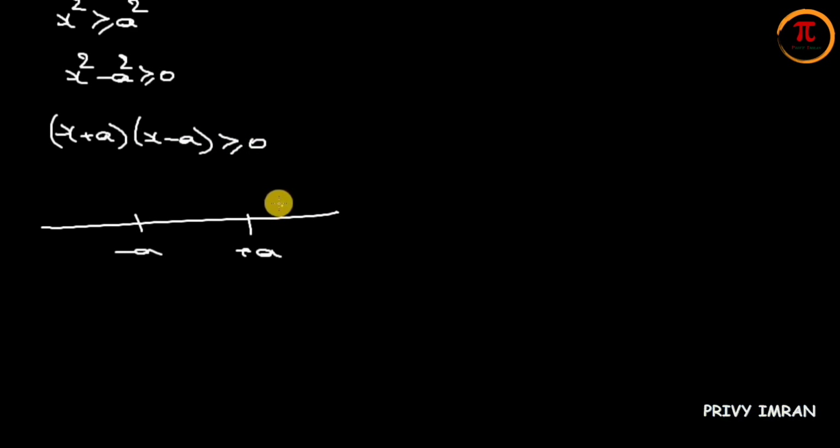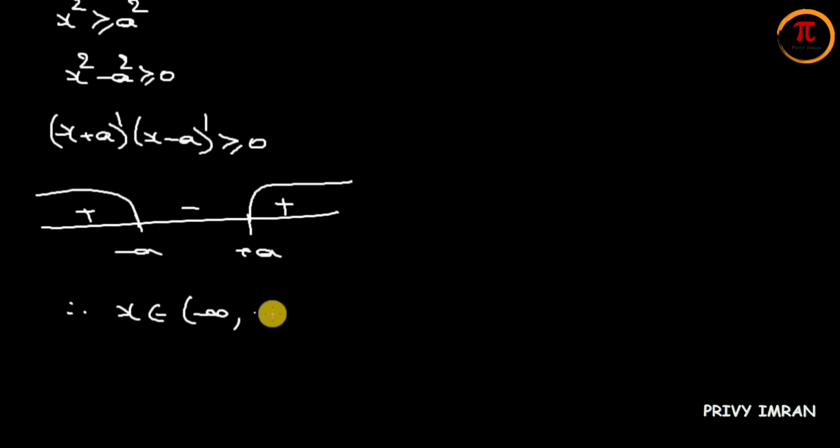Hence here it is positive, negative and positive as the powers are odd. I need to consider from minus infinity to minus a union a to infinity. Therefore x belongs to minus infinity to minus a union a comma infinity. Now let me take one more case.